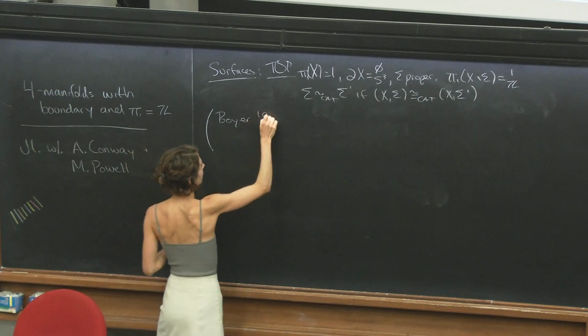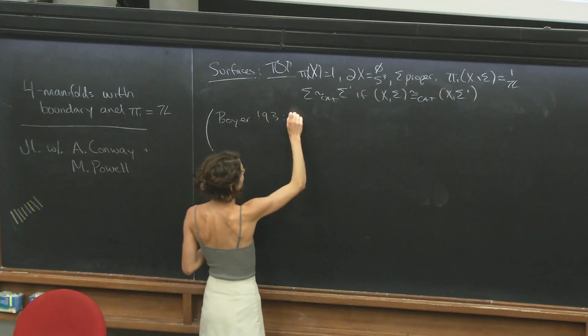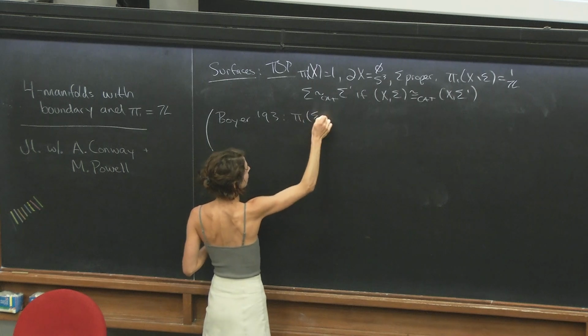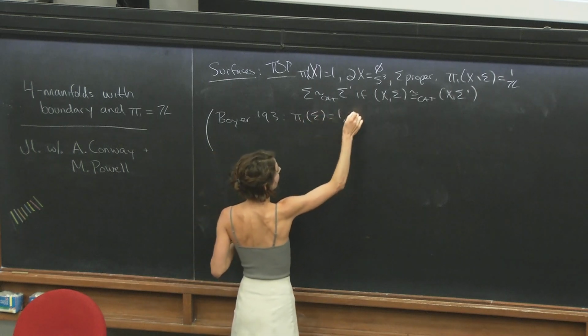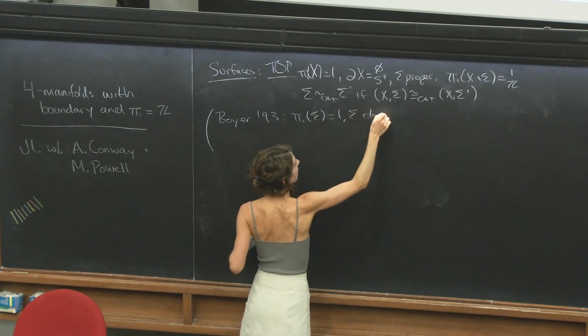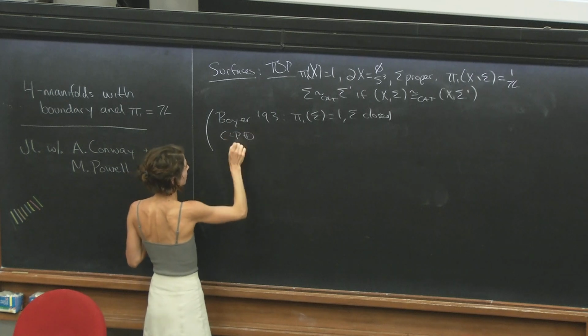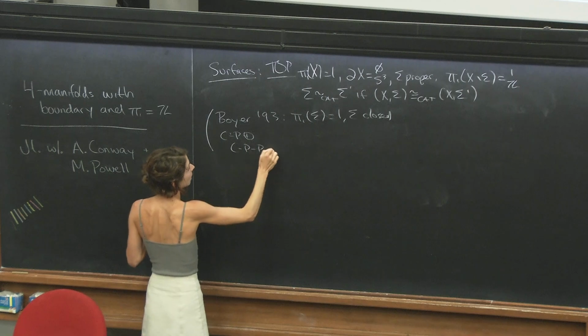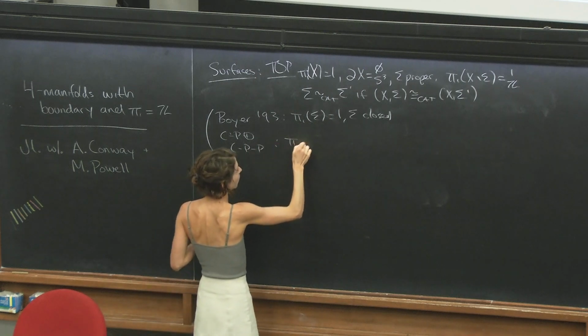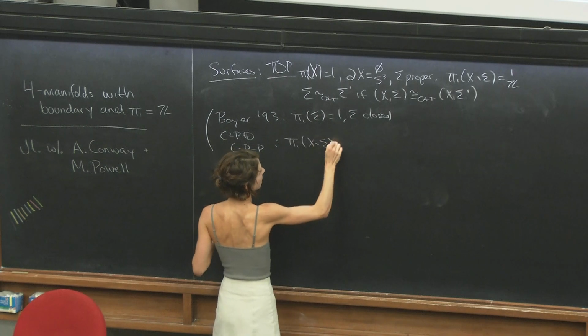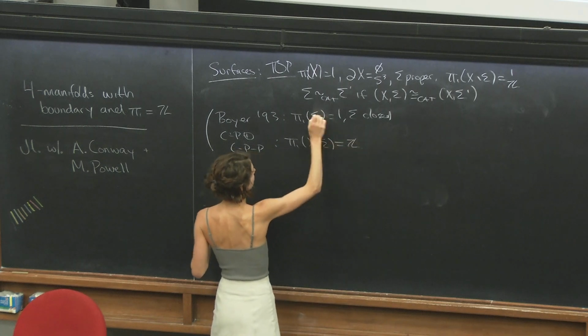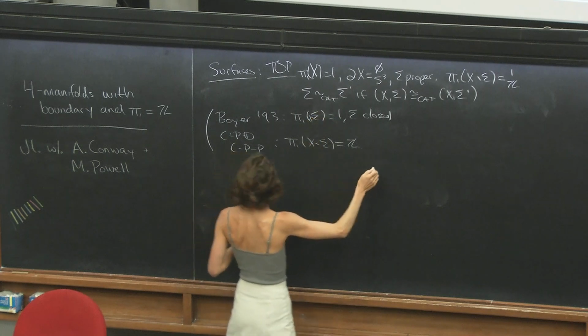So Boyer gives us a classification when pi 1 of the complement is 1 and the surface is closed. And our work gives a classification when pi 1 of the complement is Z and the surface can have boundary or not.